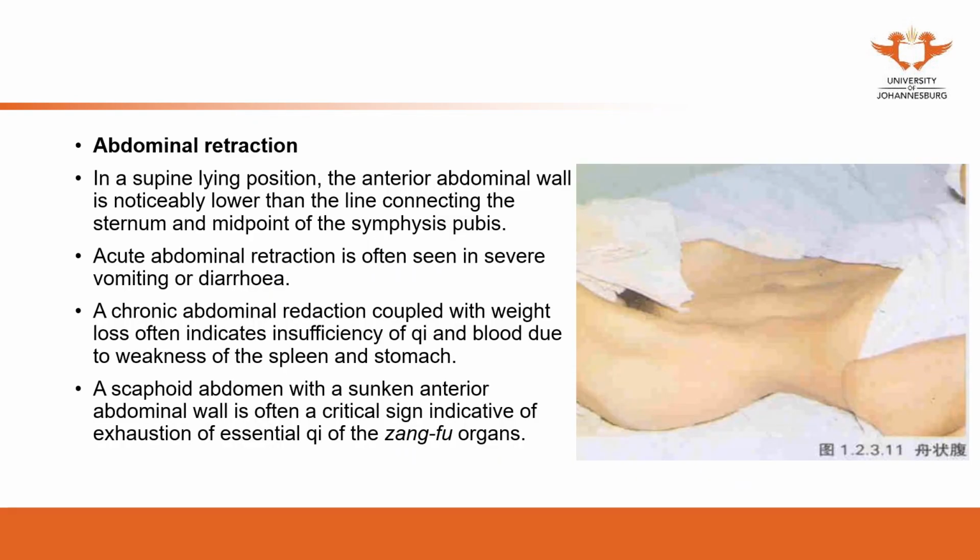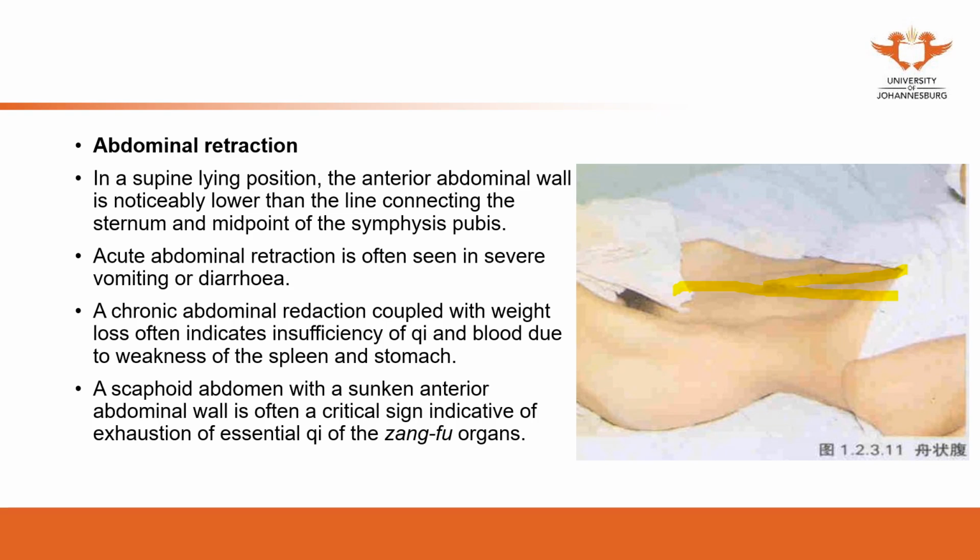The next one is abdominal retraction. The abdominal retraction is also observed in a lying position. You can see the patient's abdomen is lower than the line you draw from the sternum to the pubis.